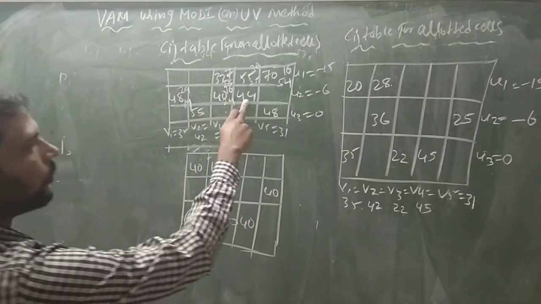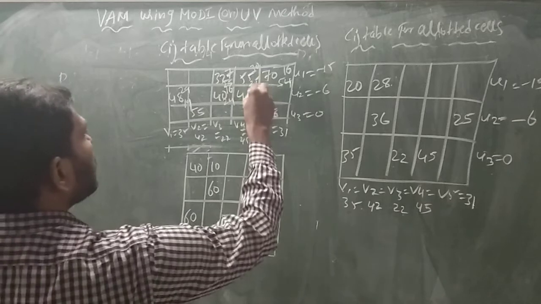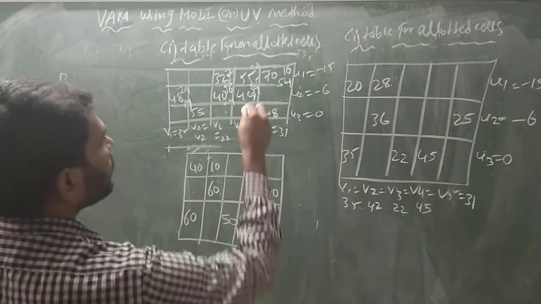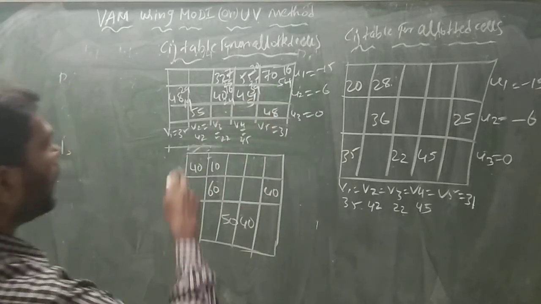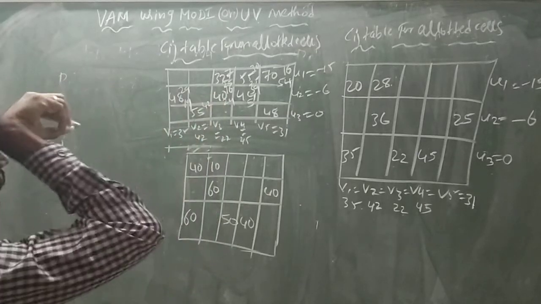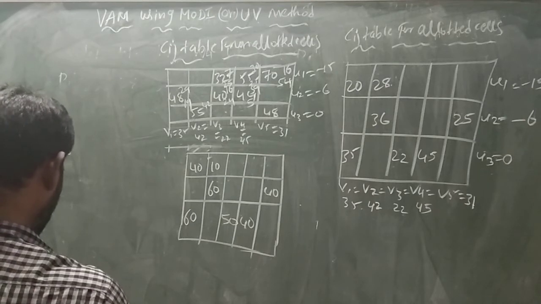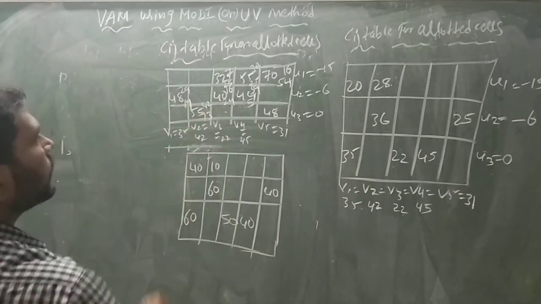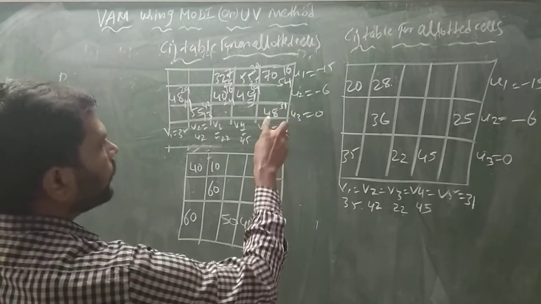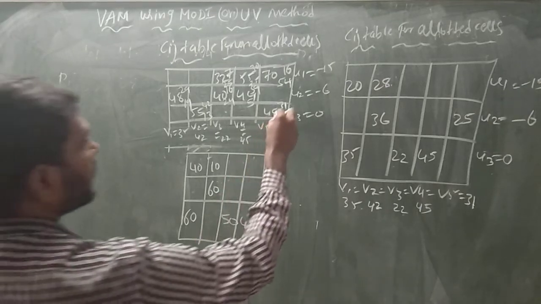And next one is 44. 45 minus 6 is 39. 44 minus 39 is 5. And next one is 55. 42 minus 0 is 42. 55 minus 42 is 13. And finally 48. 31 minus 0 is 31. 48 minus 31 is 17.